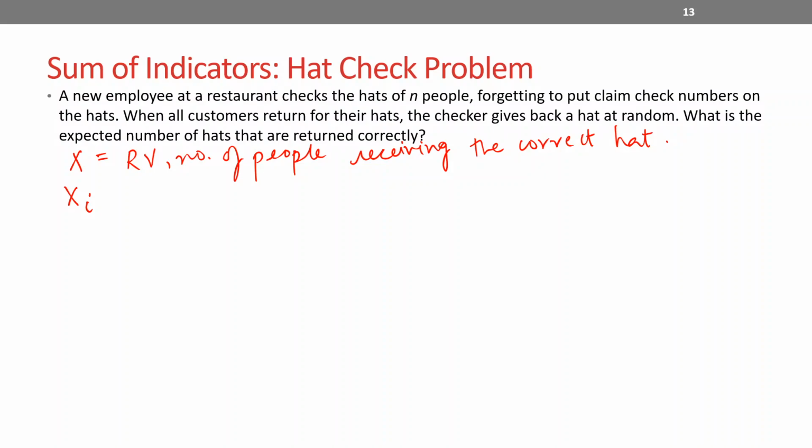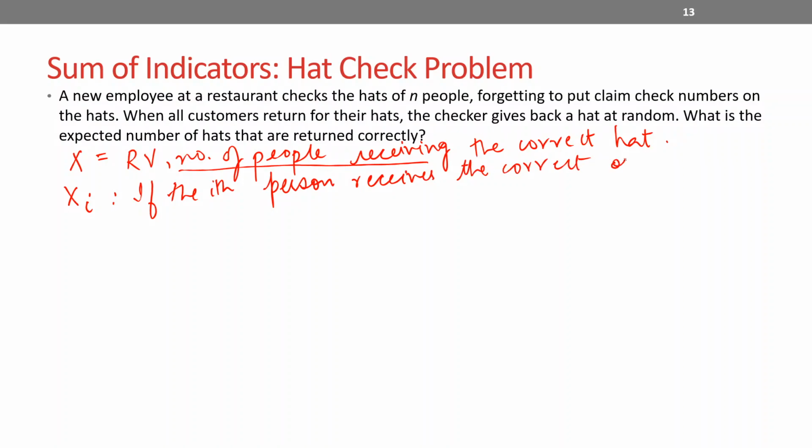If I get the sum of these, that's equal to the number of people receiving the correct hat. Or think about this as the indicator variable: X_i is 1 if the person receives the hat, 0 if not.